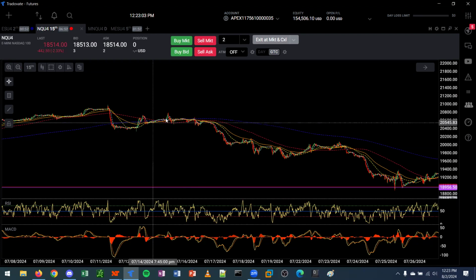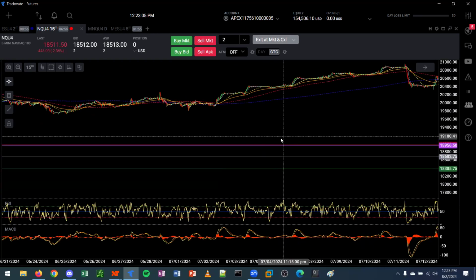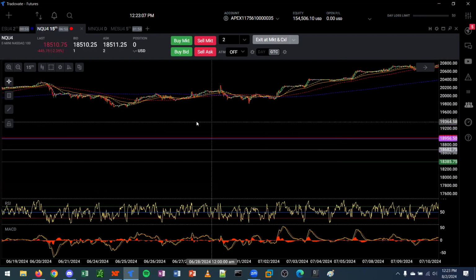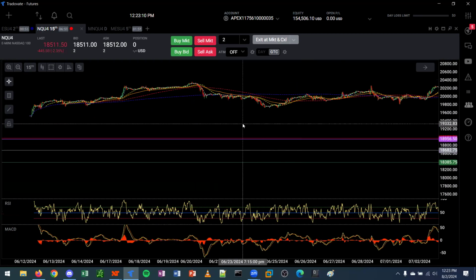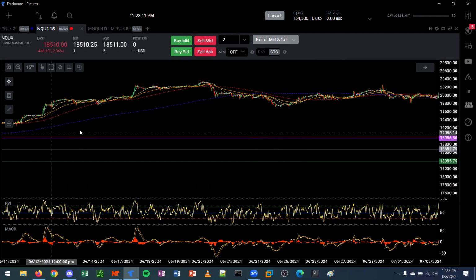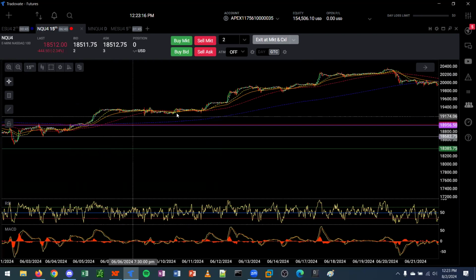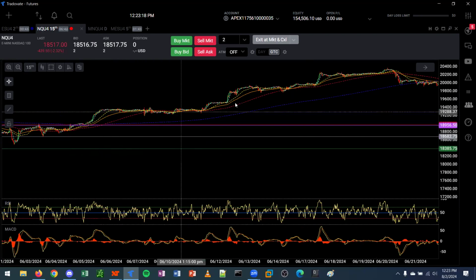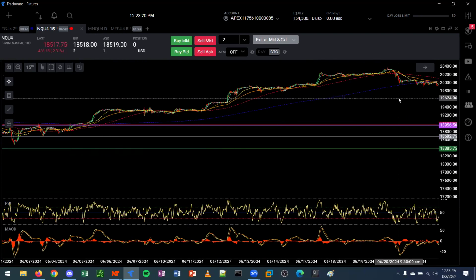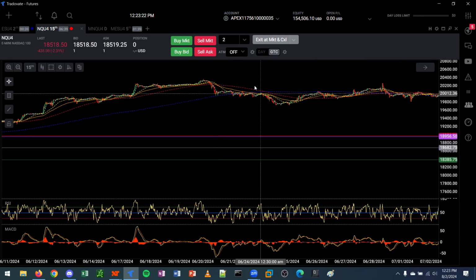When the longer time frame, and look, if you go back in time, these are different days, right? So look, the 200 above the 666, what are we in? Uptrend. The 200 crosses down the 666. What are we in? Downtrend.